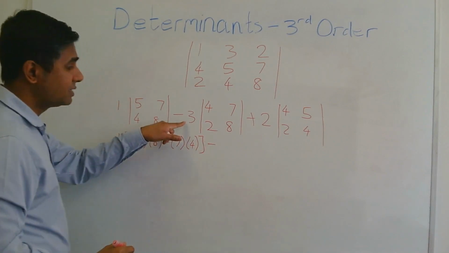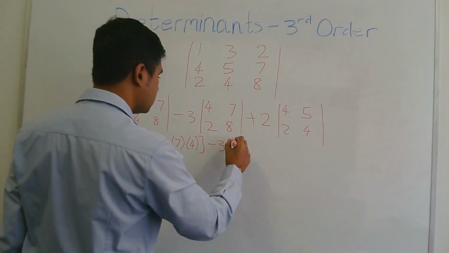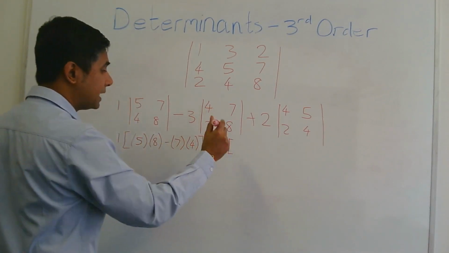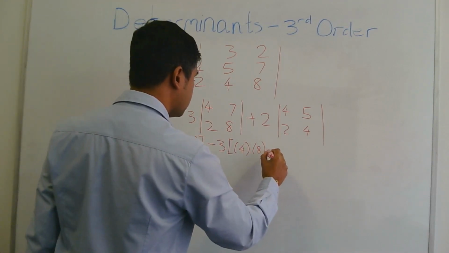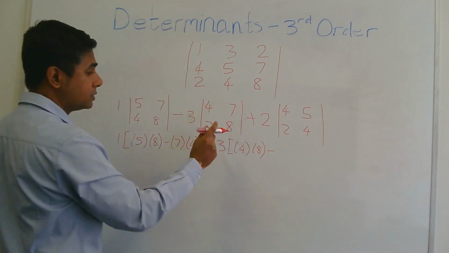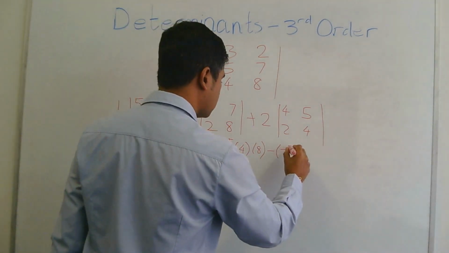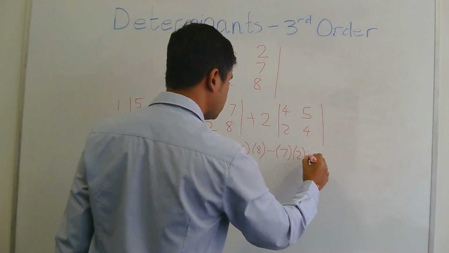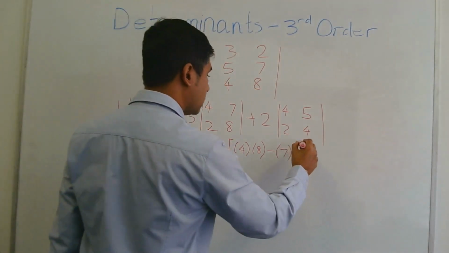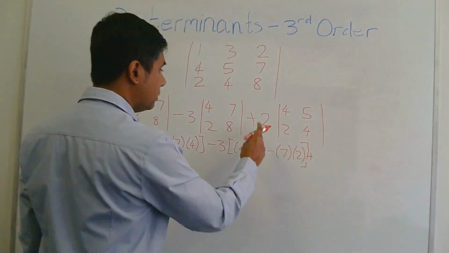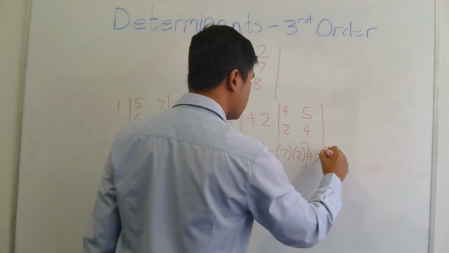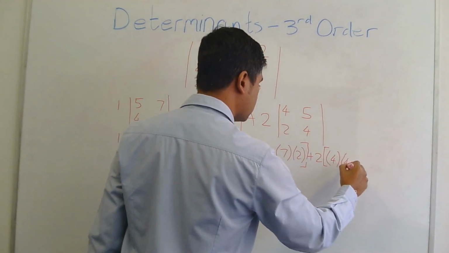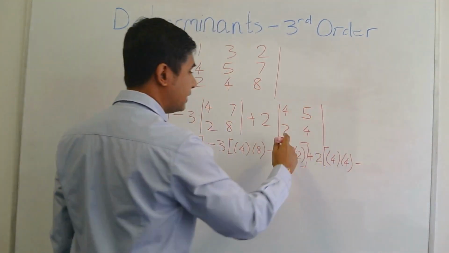And we have minus 3 into 4 times 8 minus 7 times 2, and then lastly plus 2 into 4 times 4 minus 5 times 2.